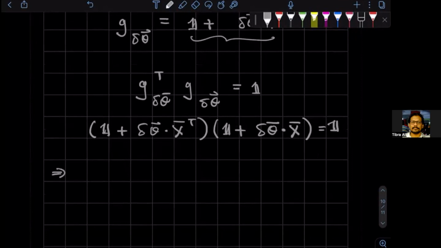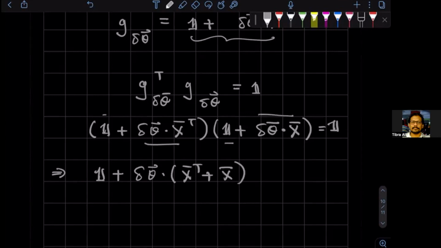Now, this equation is satisfied up to linear order in theta. So we have on the left side delta theta dotted with x transpose plus x. It's this term multiplying this term and this term multiplying this term. And then we have a term which is multiplying this term and this term, but that term is going to be of order delta theta squared.